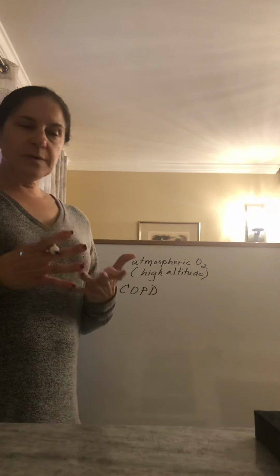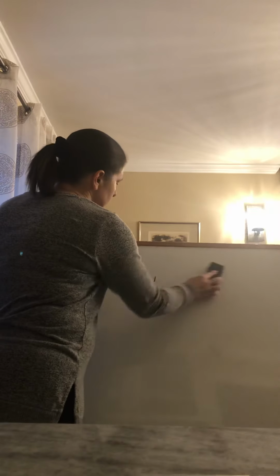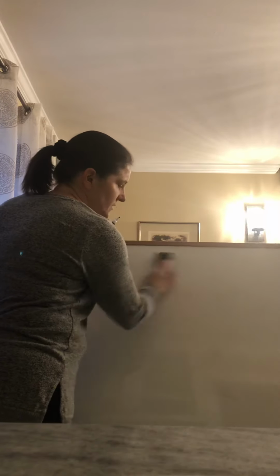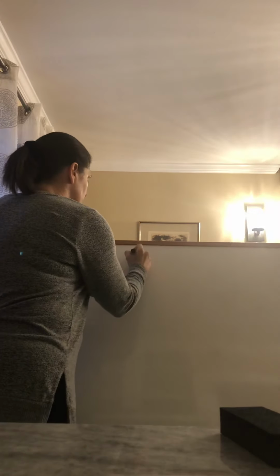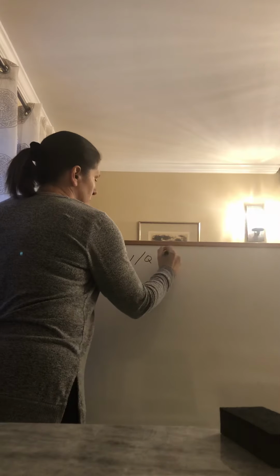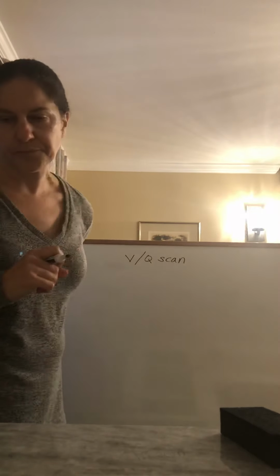Okay, how do we assess this? How do we assess what's really going on in terms of delivery, perfusion, etc.? All right, we can look at something called a VQ quotient, which we do through a VQ scan.